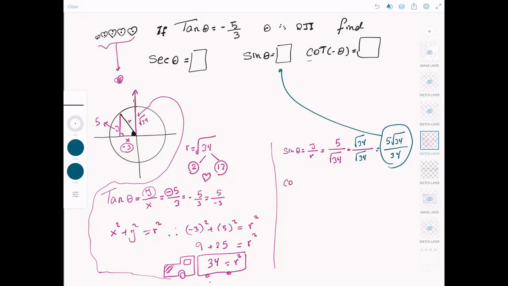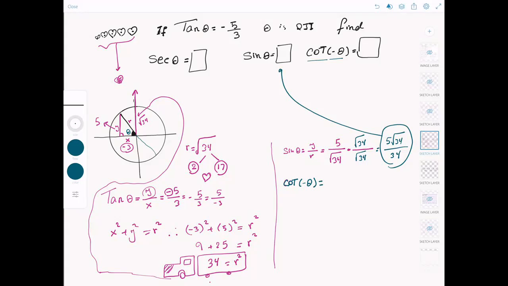Here they're tricking us. What is cotangent of negative theta? Good. So this is our theta. What is negative theta? Negative theta is going to be somewhere around here, but we don't want to draw another one.